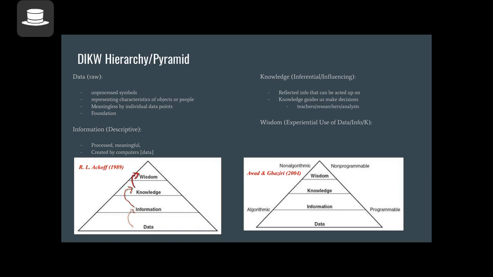Now, Awad and Ghazari in 2004 modified this model or hierarchy, if you will, and added additional information suggesting that in this pyramid, data is the only step where you can use algorithms, the mathematical manipulations of information, like you do by using computers or Excel sheets or other programs.